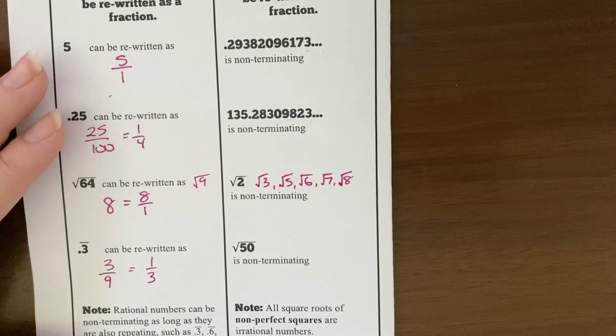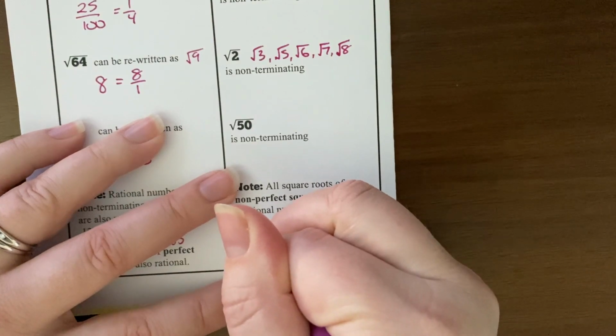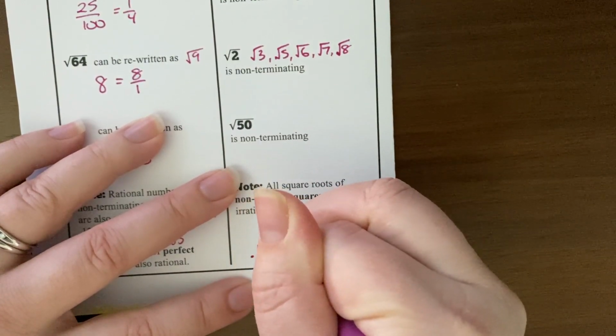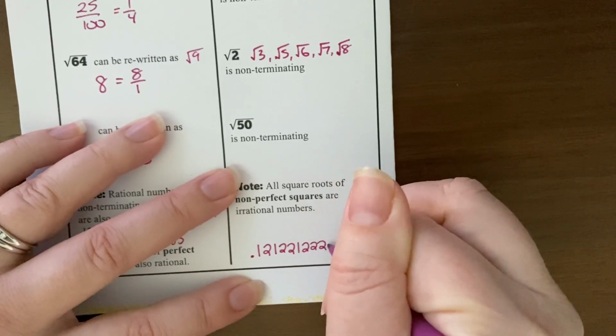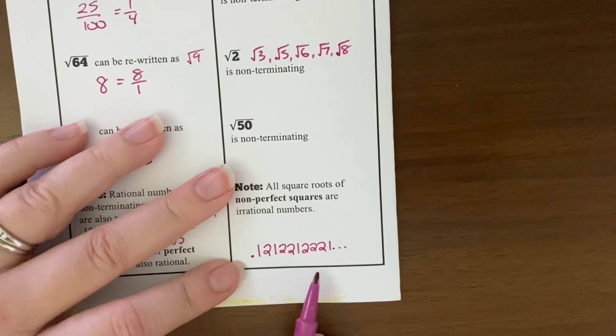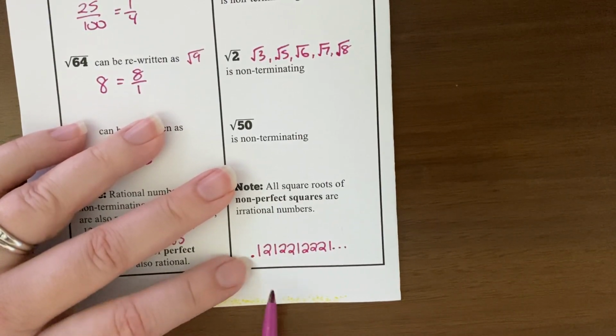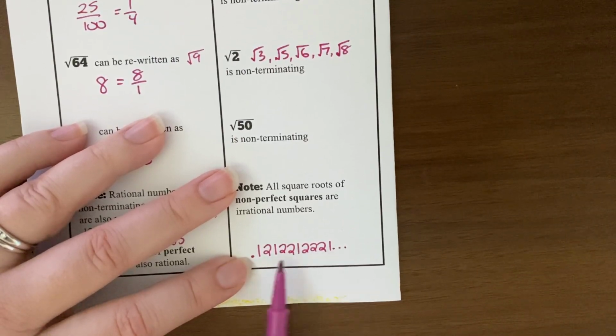Something that you do want to watch out for is irrational numbers that go like this. A lot of people will look at this and say, oh, that's a repeating number, but it's not. If it was repeating, it would be 1, 2, 1, 2, 1, 2, and you can see it's not.